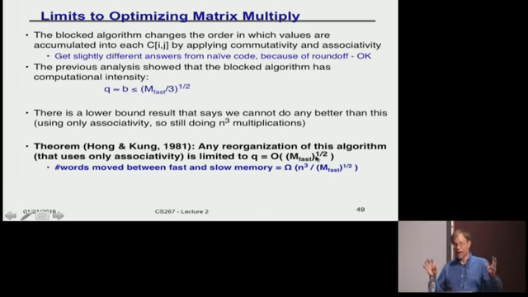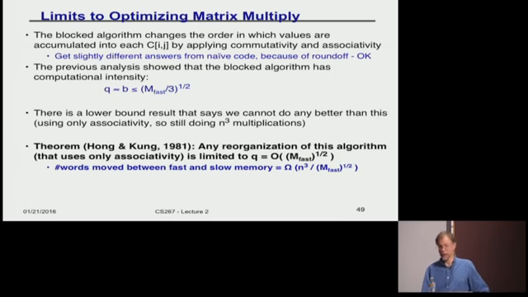And it says that no matter how you organize matrix multiply, no matter what order you do the operations in, not just this clever tiling scheme, the computational intensity can never get bigger than the square root of the cache size. And so that means that there's a lower bound on how much memory traffic there is. This notation capital omega means it's lower bounded by some multiple of the number of flops, n cubed, divided by the square root of the cache size. And that's going to be our goal for matrix multiply, to go that fast.